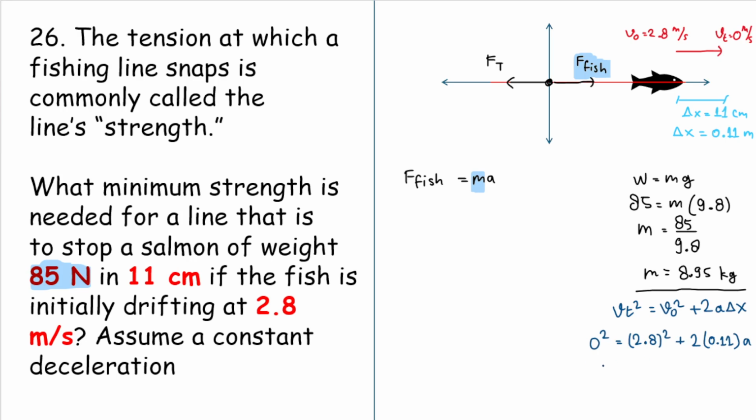Good. Now we can isolate the acceleration: 0 squared minus 2.8 squared, divided by 2 multiplied by 0.11, and I will have our acceleration.